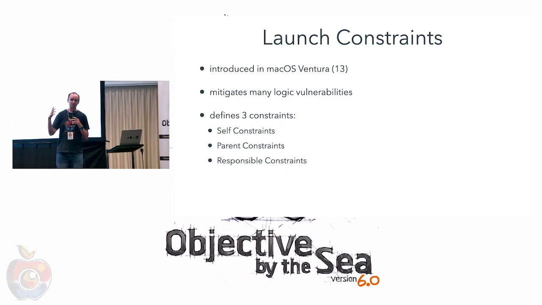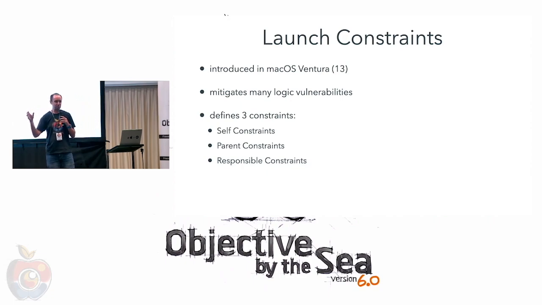So if you think about XPC, which we heard about today, then let's say the XPC service is the process itself. So self-constraints would apply to the XPC service. Now the parent process of XPC, that's launchd. So if you do any parent constraints, that would apply to launchd.